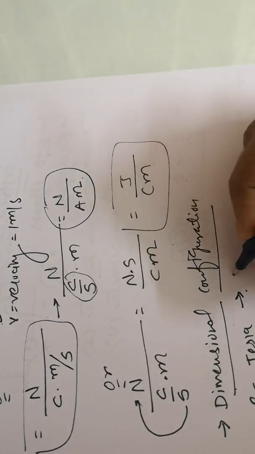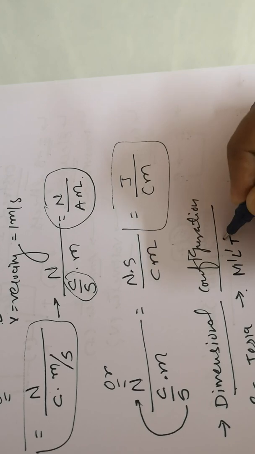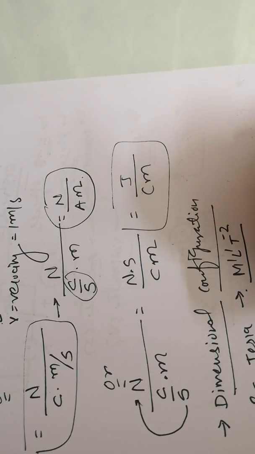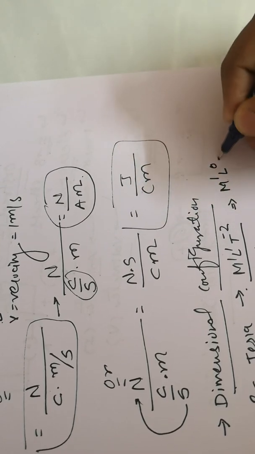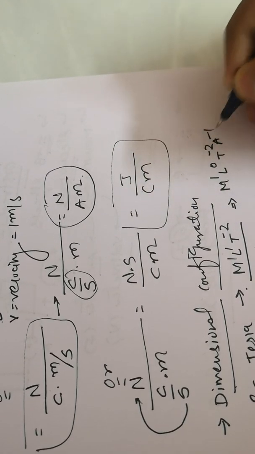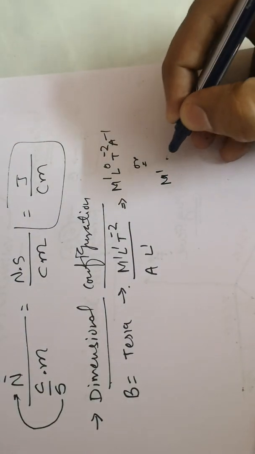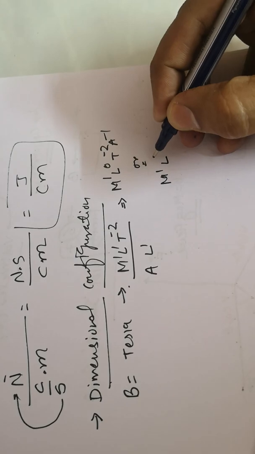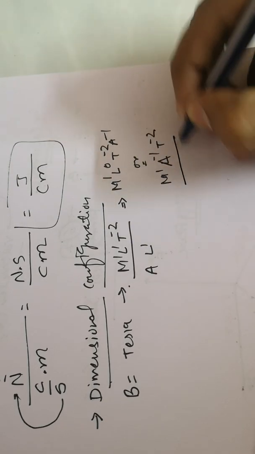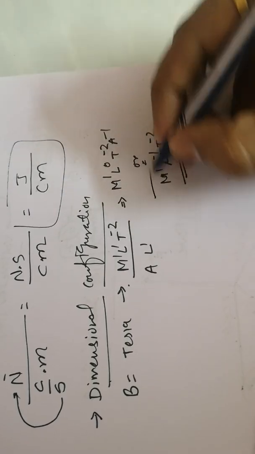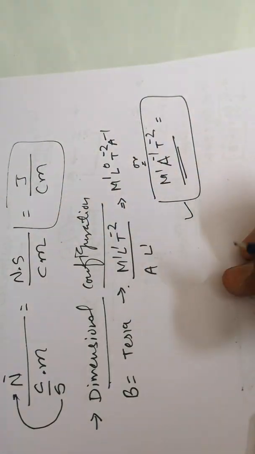So I can directly place M1 L1 T minus 2 for Newton, ampere as it is, and meter as L1. So I can have Tesla equals M1 L0 T minus 2 A minus 1. You can recall it like that. This is the dimensional configuration of Tesla.